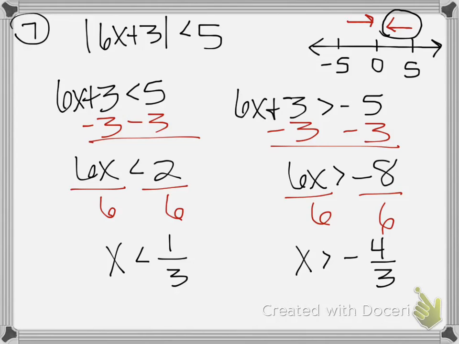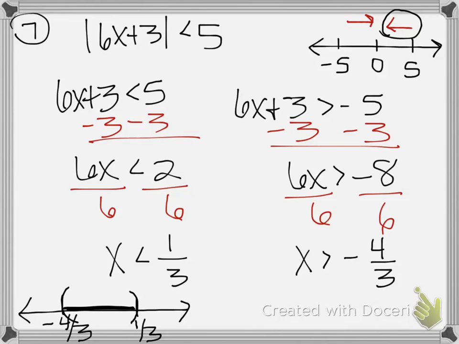So if you think of this as a graph, and sometimes when I write interval notation, even though they don't tell us to graph, I find it helpful to graph. I just think it makes it easier. So if I just visualize a graph, I have negative 4/3 down here. I have positive 1/3 up here. I have to be greater than negative 4/3, and I have to be less than 1/3. So I'm falling in between here.